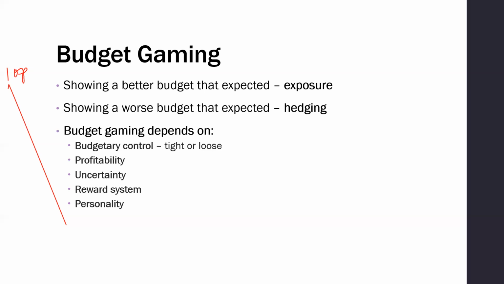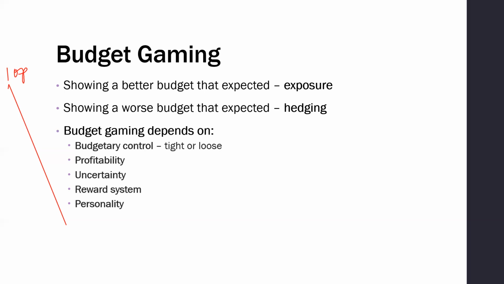So exposure budget gaming is common in sales forecasts. Okay? Because you need to project higher sales to get a higher budget. Right? So if you're the salespeople, you need to project higher sales so you can justify your sales campaigns. Right?